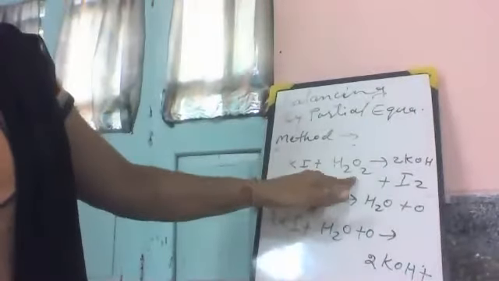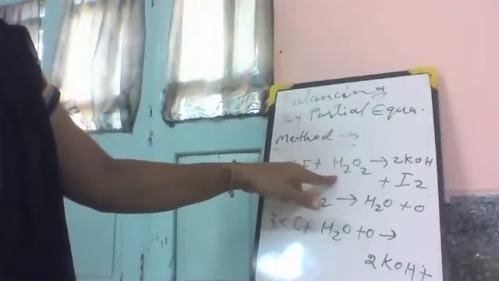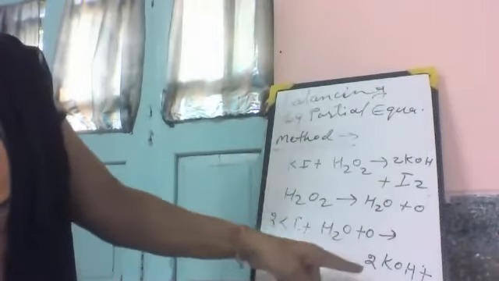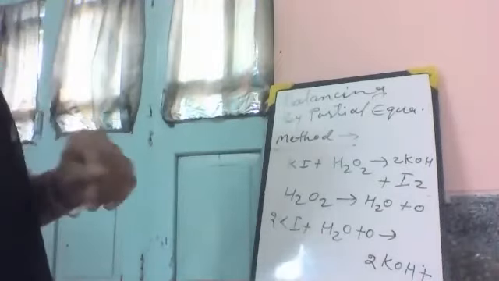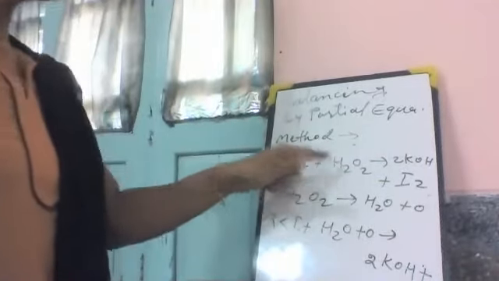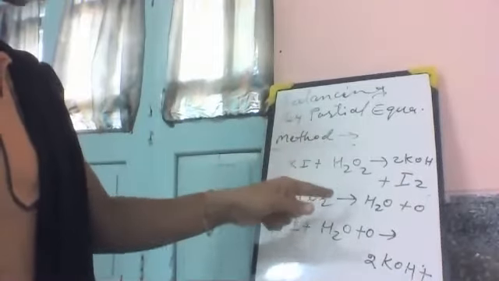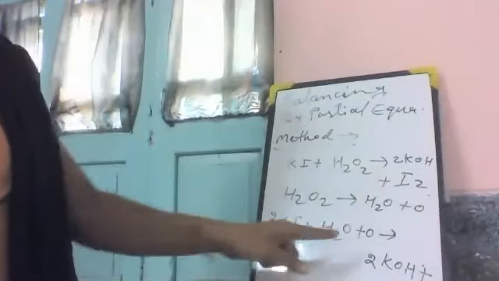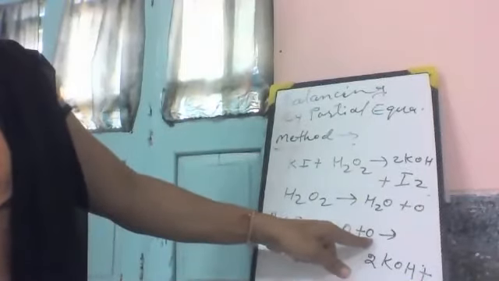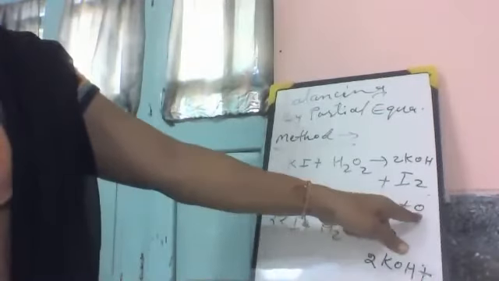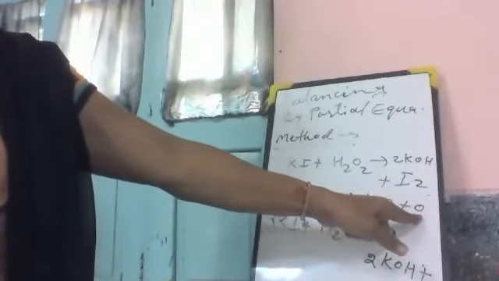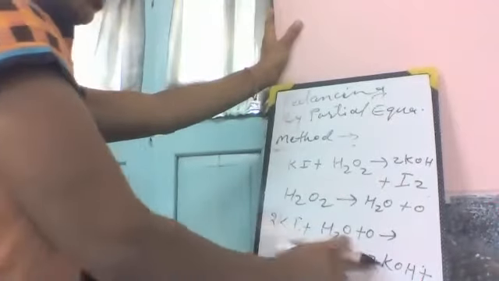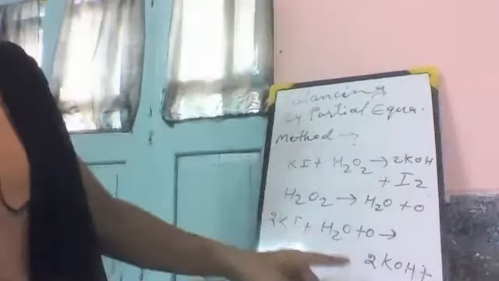First, this is the reaction. Hydrogen peroxide reacts with potassium iodide and gives potassium hydroxide and iodine. To explain this, first hydrogen peroxide is split into water and oxygen. Now this is nascent oxygen, meaning freshly formed oxygen. This nascent oxygen reacts with potassium iodide to give potassium hydroxide.